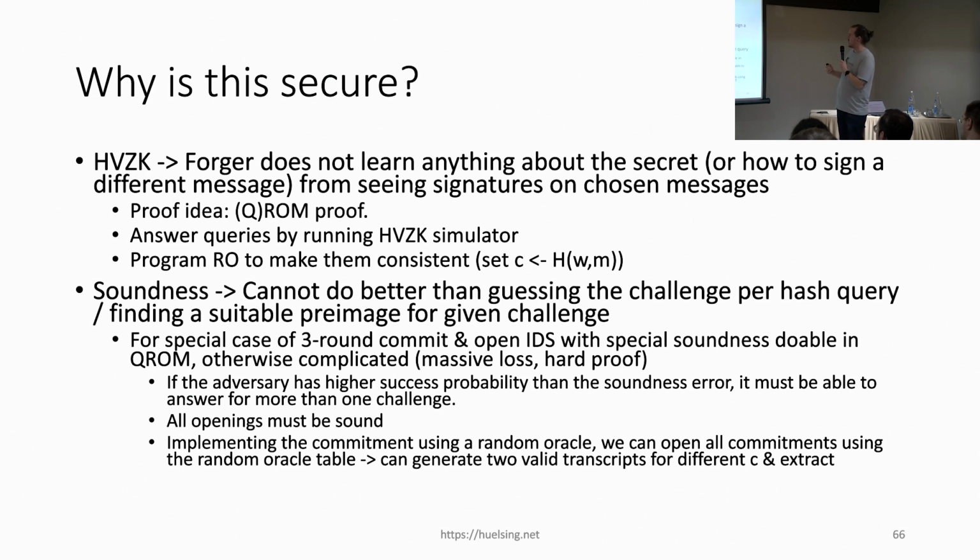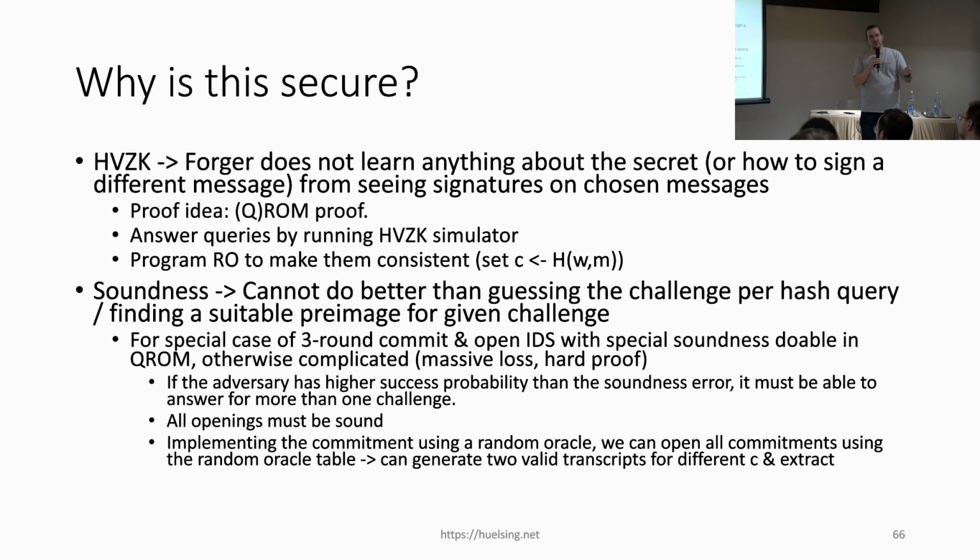What I will do is I will simulate a signing oracle by using the honest verifier zero knowledge simulator. If you remember, the simulator spits out transcripts. My signatures are also transcripts.